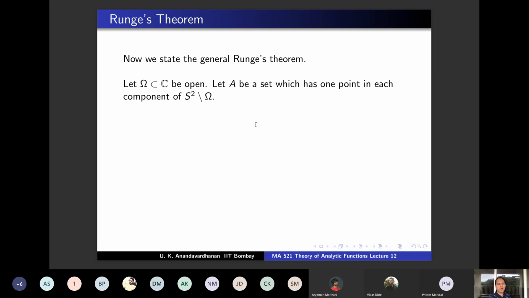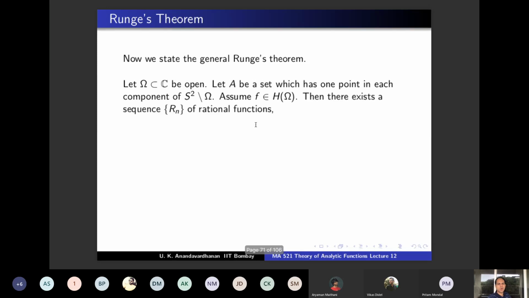This is the crucial hypothesis. Assume F is holomorphic. Omega is open, so holomorphic makes sense. F is holomorphic. Then there exists a sequence of rational functions Rn with poles only in the prescribed list A, such that Rn converges to F.